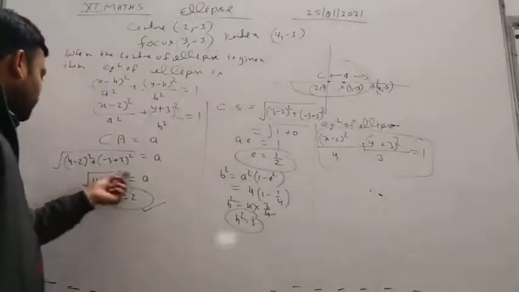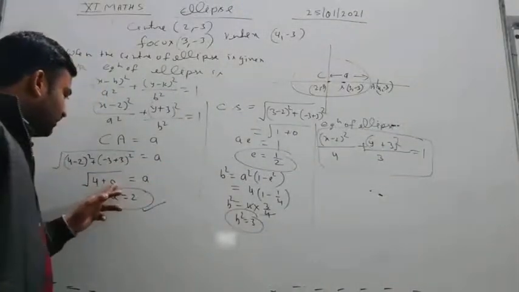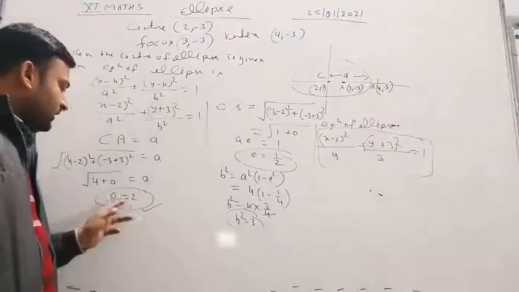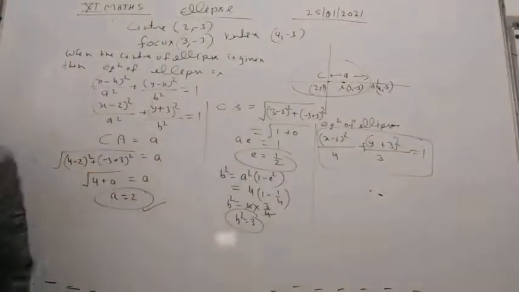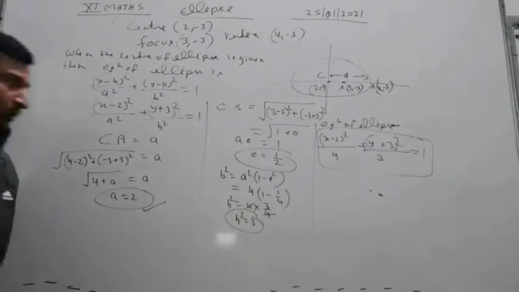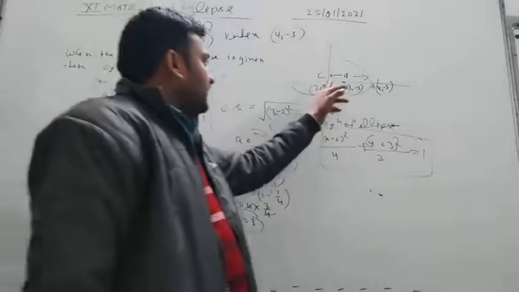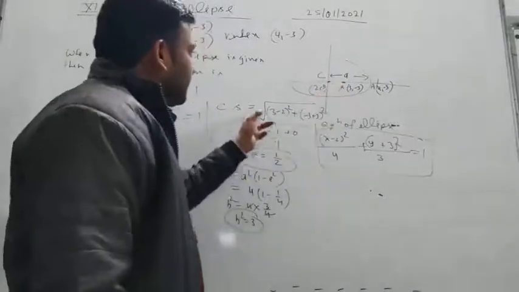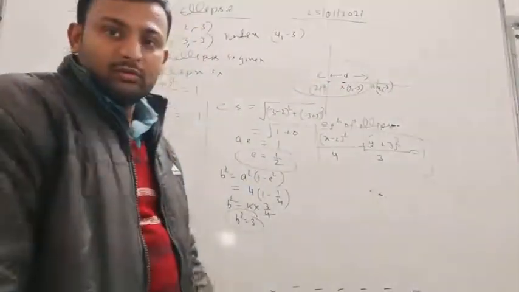Okay student. So root 4 plus 0 and this is a, so a is equal to 2 from here. Okay students. So a is 2.